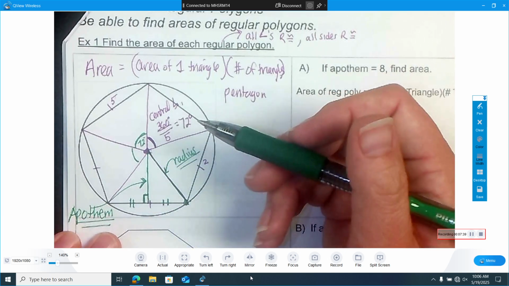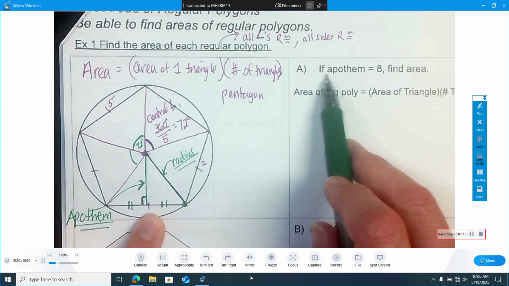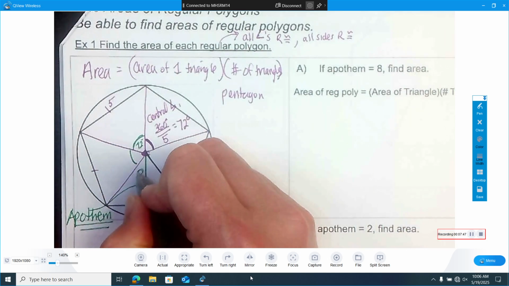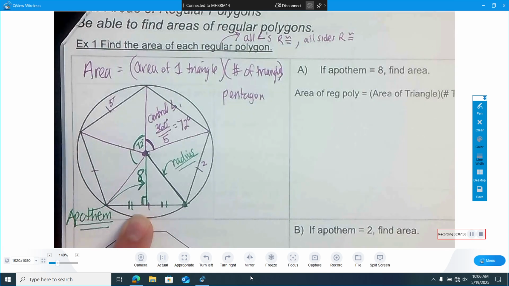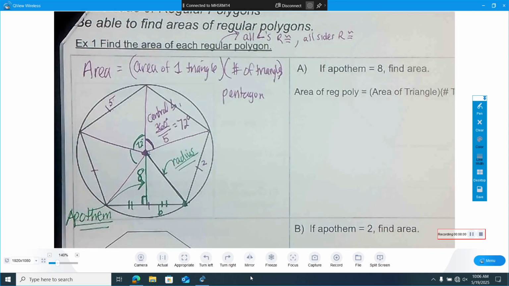Here, it told me the apothem is 8. So this height is 8 in this particular polygon. We want to find the area, so I need to find the length of this piece, and I'm going to give it a B for the little base there. I want to figure out that base.